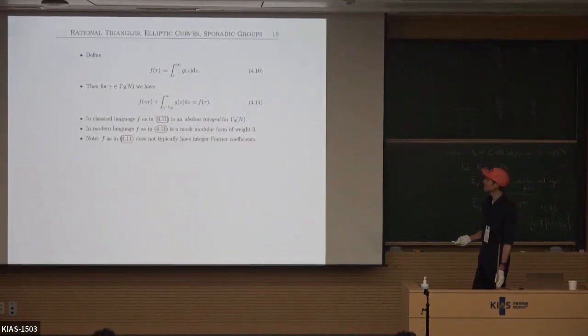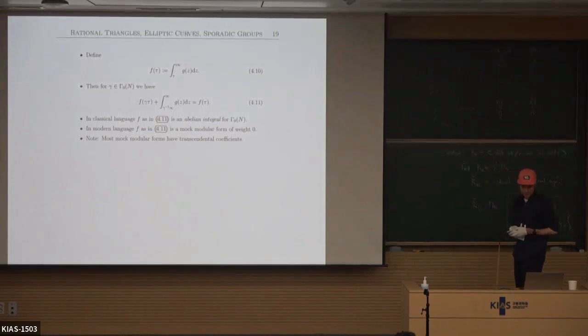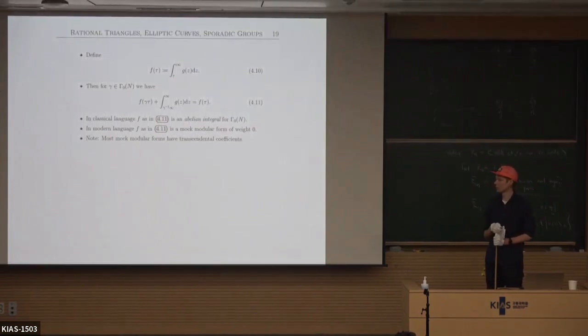So the function F constructed in this way, these abelian integrals, as q-series, they have very transcendental coefficients. In fact, that's typical of the theory. A randomly chosen Mock modular form has transcendental coefficients.